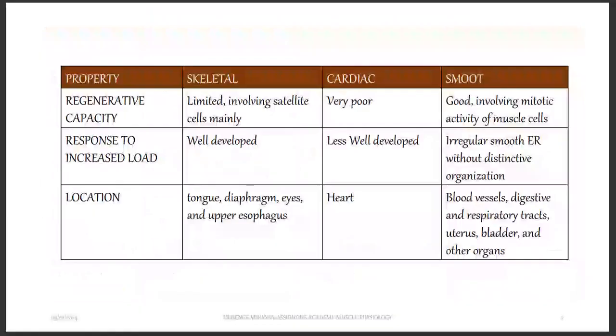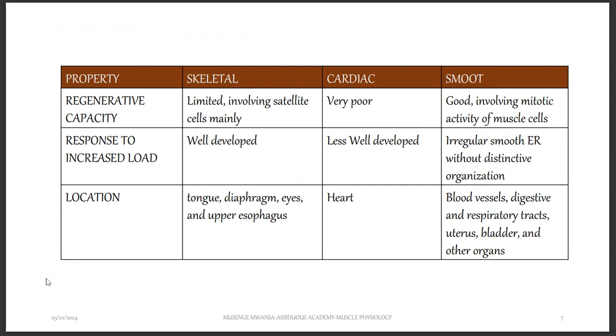And then also regenerative capacity. Skeletal muscles have limited regeneration. They have got satellite cells which are going to be involved in this regeneration. Cardiac muscles almost don't regenerate, while smooth muscles are very good at regeneration because they can undergo mitosis.